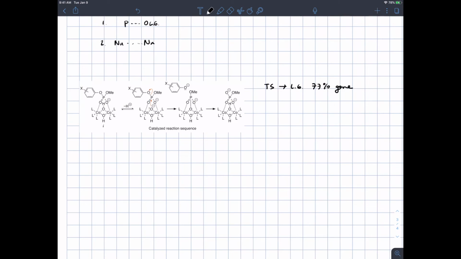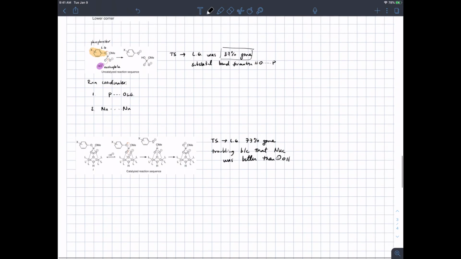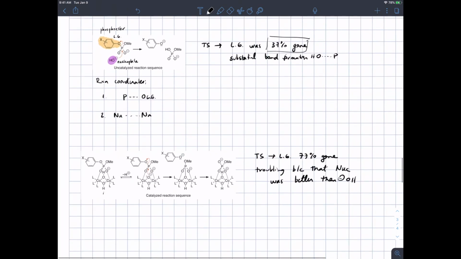And this is troubling because they anticipated that the nucleophile on the catalyst was better than OH minus. And if your nucleophile is more reactive, you would assume that it doesn't wait around for the leaving group to leave, but instead comes in and attacks earlier.